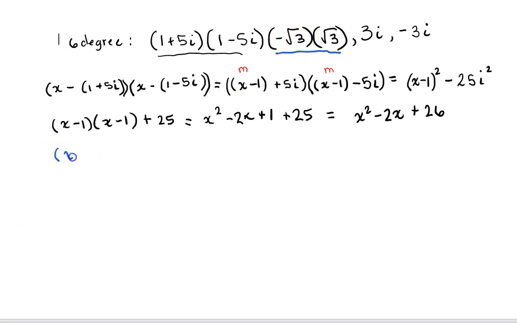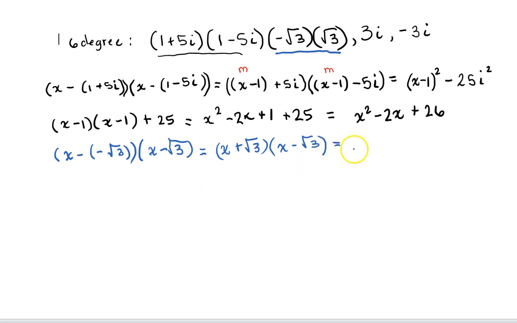I'm going to have x minus negative square root of 3 times x minus square root of 3. So obviously this becomes a positive. So I have x plus square root of 3 multiplying x minus square root of 3.